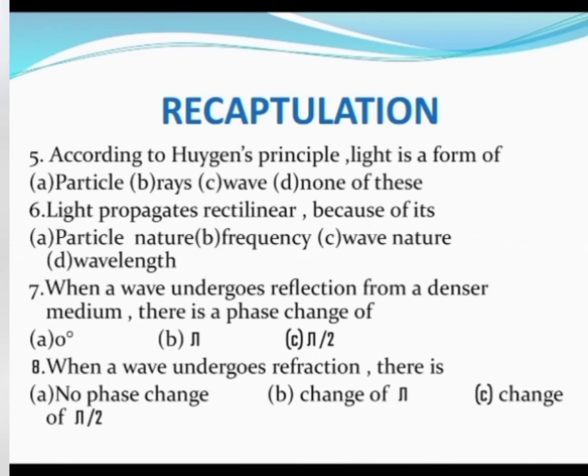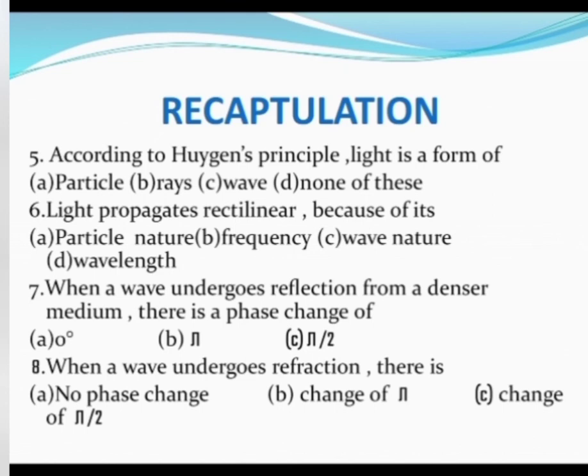In question 6, light propagates rectilinearly because of its: A option is particle nature, B option is frequency, C option is wave nature, and D is wavelength. Light propagates rectilinearly because of its wave nature. So the right answer is C.